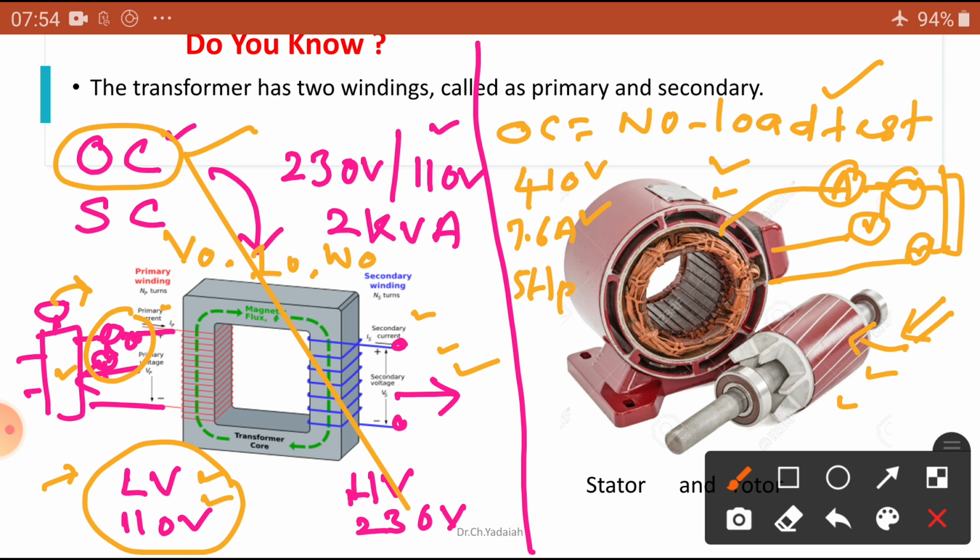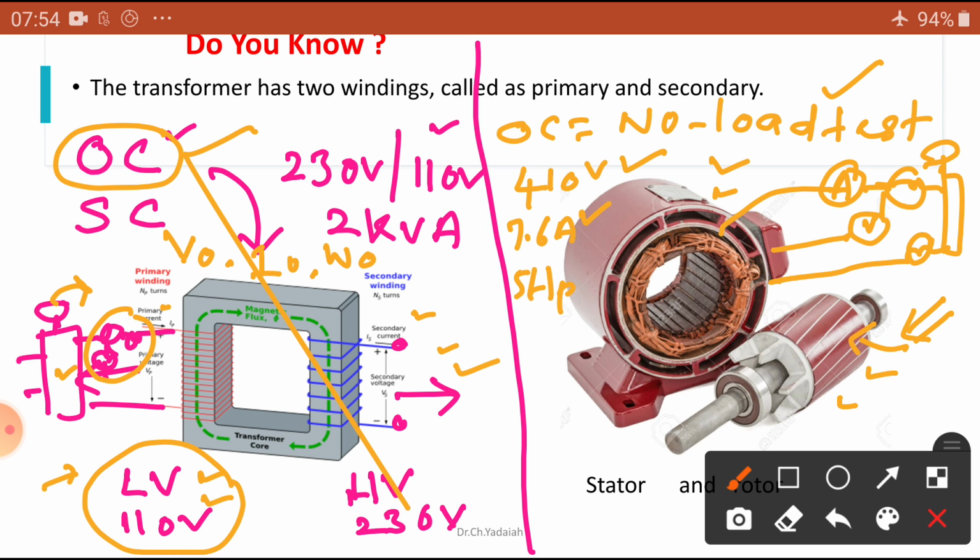Now, in this case, give the rated voltage to the stator with the help of a 3-phase variac. What is the rated voltage? 410 volts. Give 410 volts to the stator with the help of the variac, winding slowly.